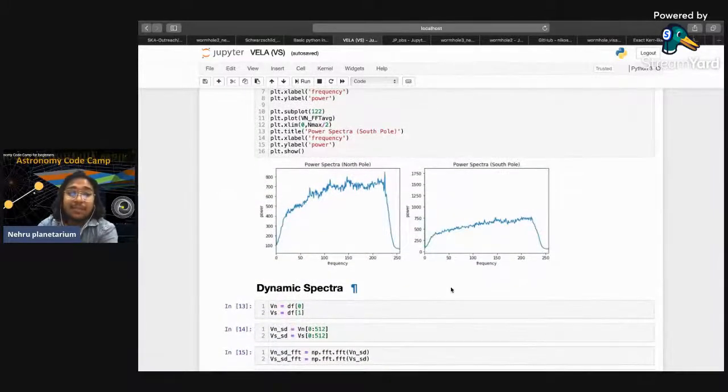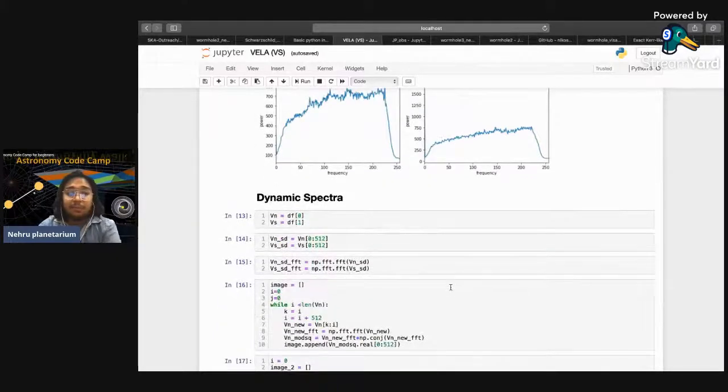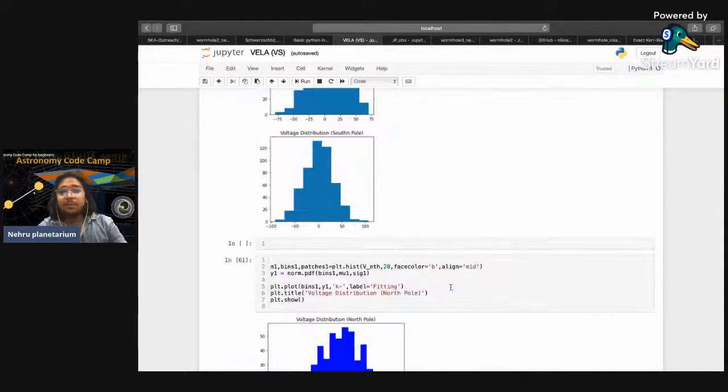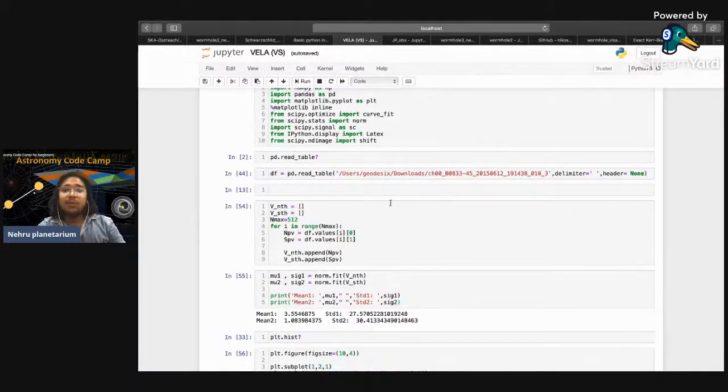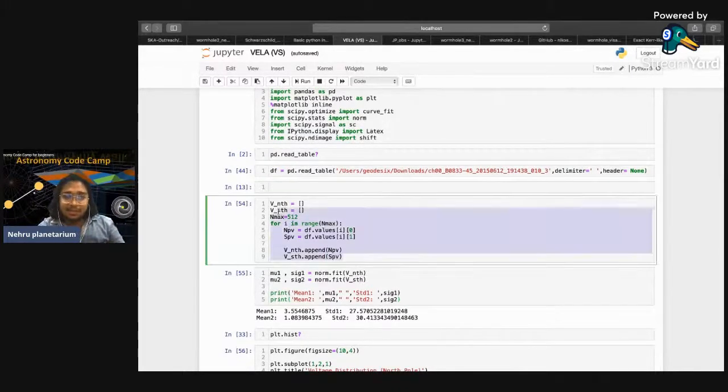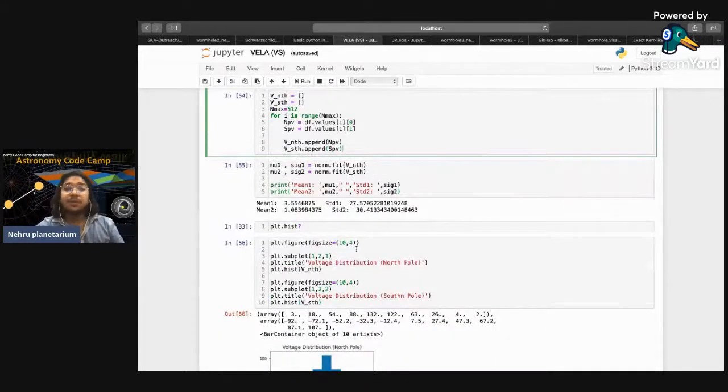So I think the dynamic spectra and all these things might be out of the scope of this session. But in today's session, the main important thing was to understand how to import the data set, and do some basic statistical analysis of the data set, which is basically simple Gaussian distribution fitting, and seeing if it is following the central limit theorem, or a random distribution curve or not.